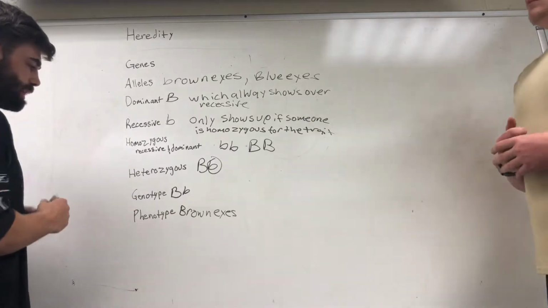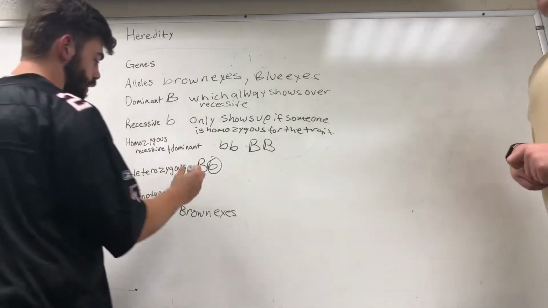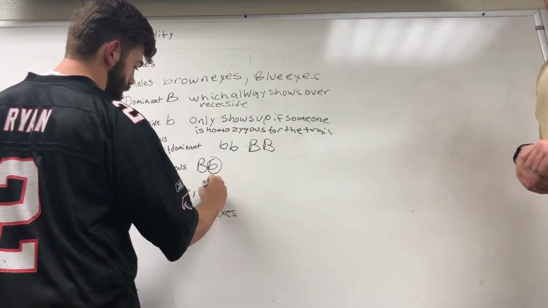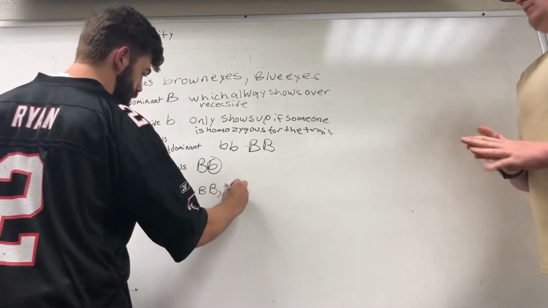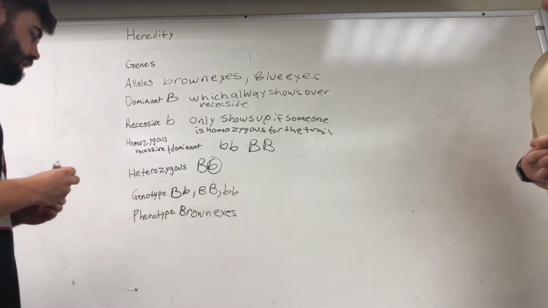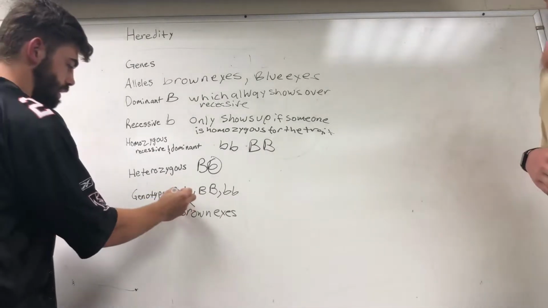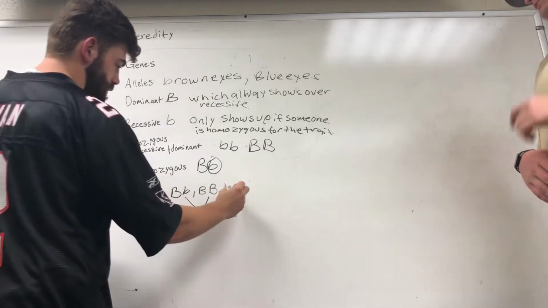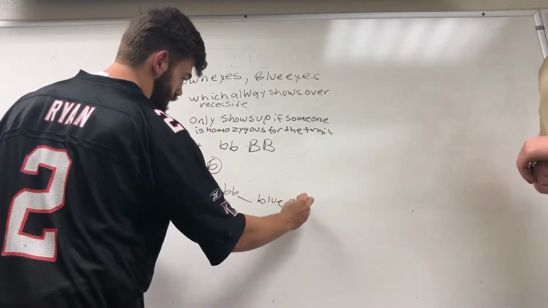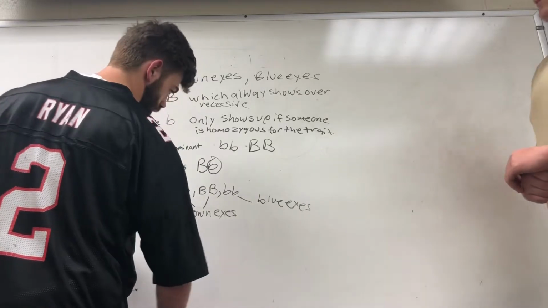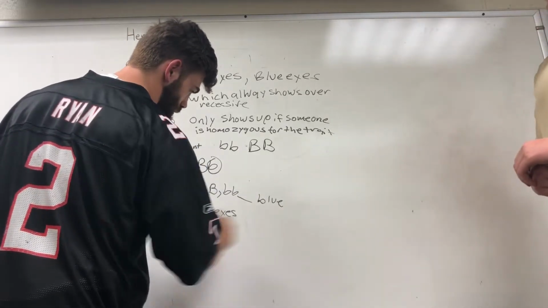So genotype examples would be big B, little b, or if someone has big B, they're homozygous dominant, little b if they're homozygous recessive, and then their phenotype for this one is brown eyes and that one is brown eyes, but if they have this one, it'll be blue eyes. Not blue X's, blue eyes.